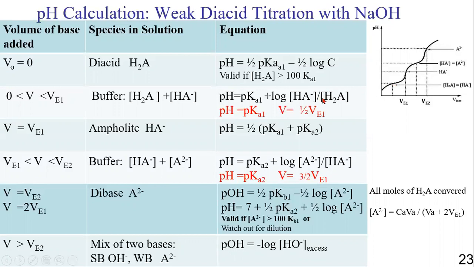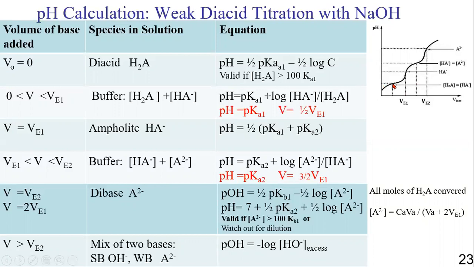There's a particular value which is very important in the buffer region, which is when the HA minus equals the H₂A, which occurs at the half equivalence point. So if my equivalence point, the equivalence 1, is, say, 20, I will have my half equivalence at volume 10, the equivalence divided by 2.